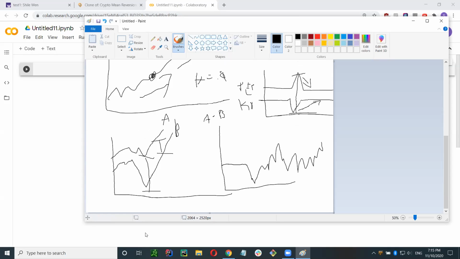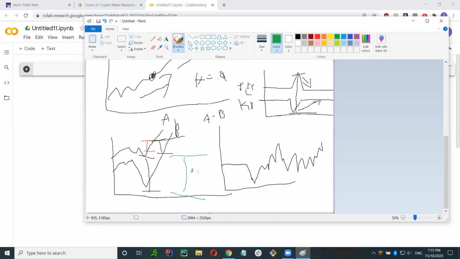Let's just say we shorted A, and then we went long on B. Even though we lost money on A, because they both went up and we shorted A, B went up far more, because the gains from going long on B far outweigh the loss on A. We actually profit.